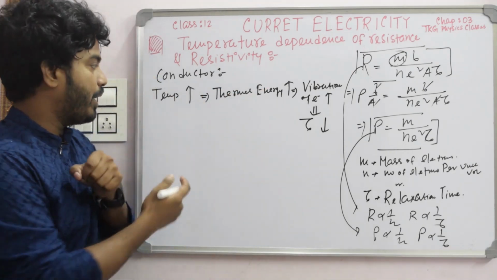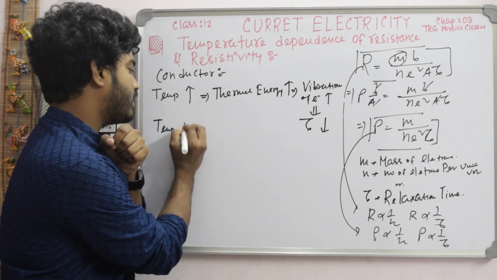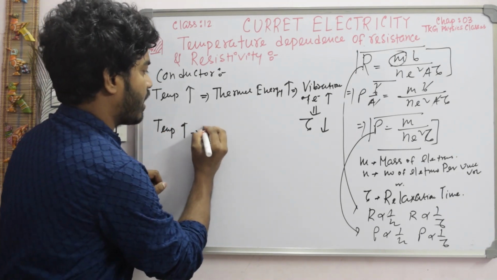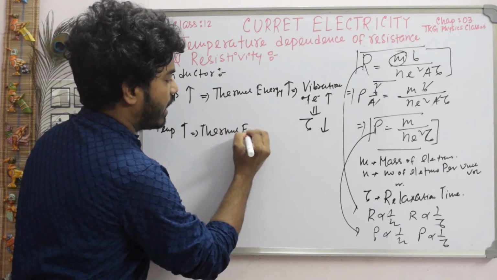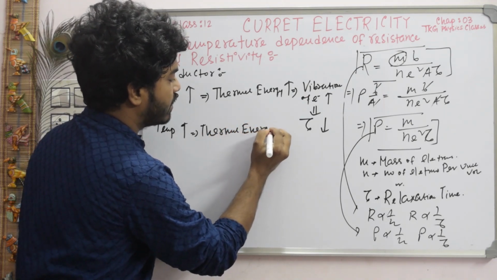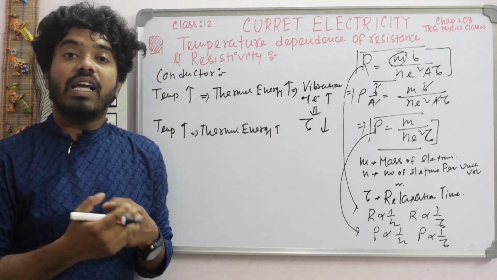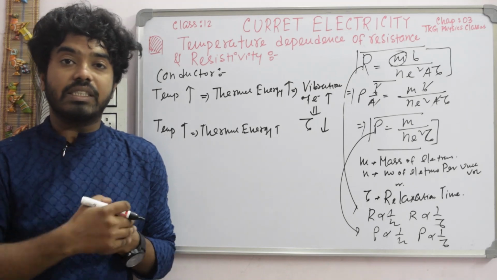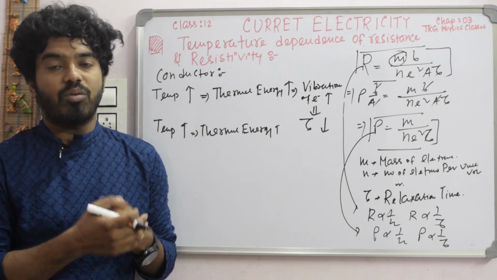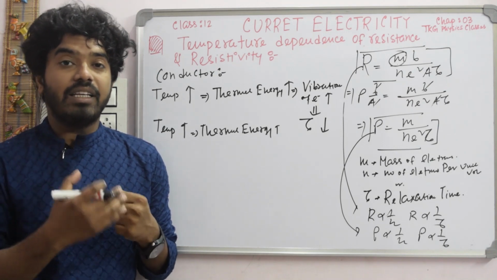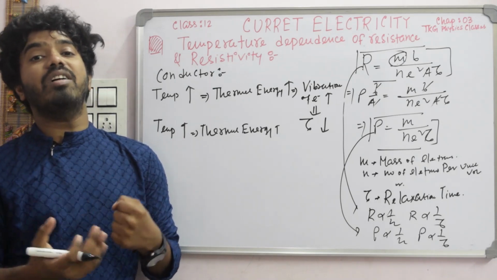Another way: when temperature increases, obviously thermal energy increases. Now when thermal energy increases, the electrons inside the conductor, inside most of the metals, gain this thermal energy, so they get their ionization energy and the electrons become free.